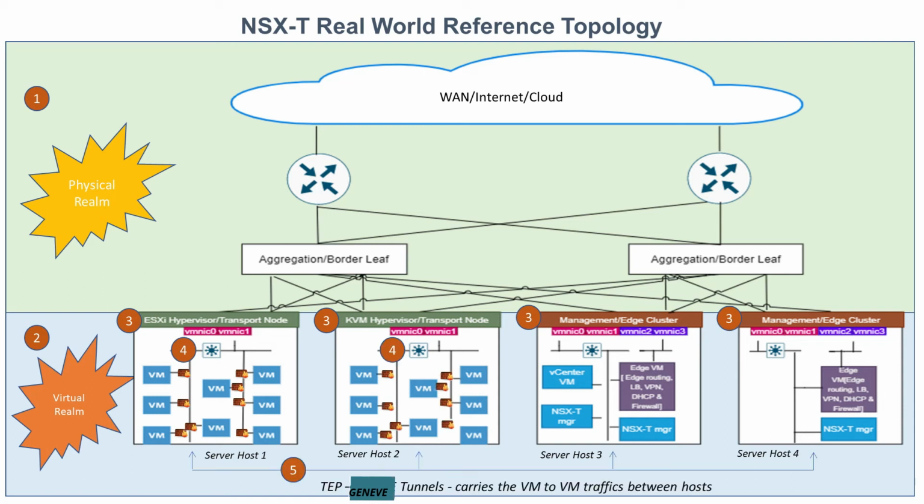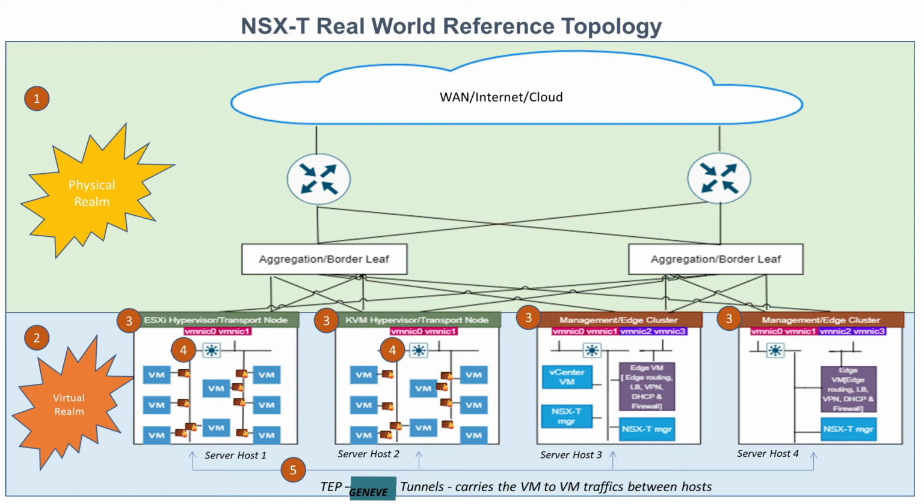Now with this, let's talk about my fifth design point. I was talking more about the functions which are part of your host itself, right? Now, what if the VM in a host wants to talk to another VM in another host? This is where it can make use of something called TEP, which is a tunnel endpoint, or in NSX-T terms, it is Geneve encapsulation.